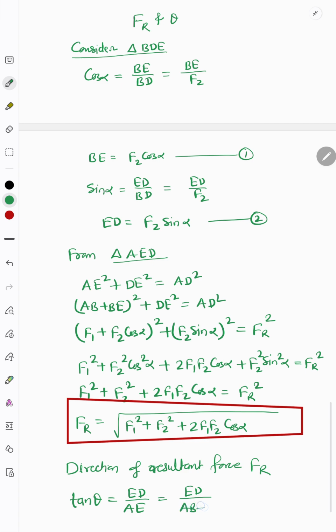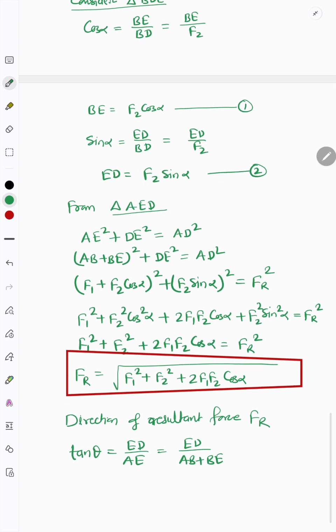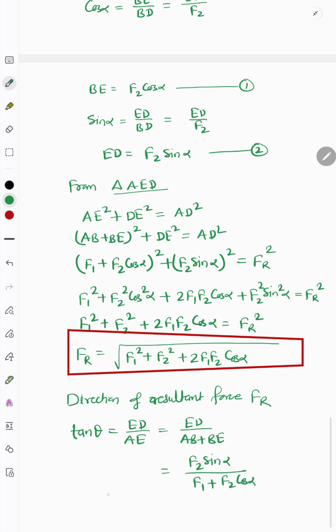So we write ED, which we have calculated as F2 sin alpha, divided by AB, which is force F1, plus BE, which is F2 cos alpha. So theta can be written as tan inverse of F2 sin alpha divided by F1 plus F2 cos alpha.